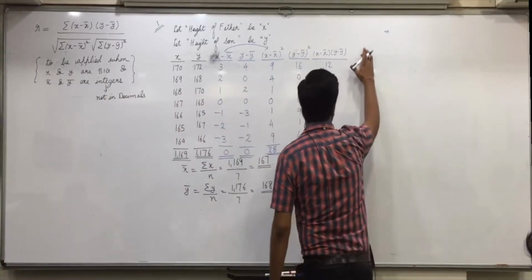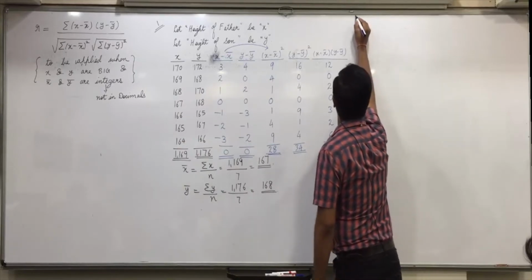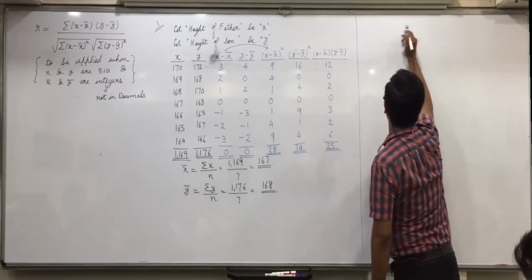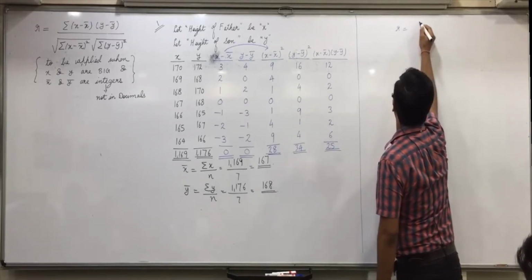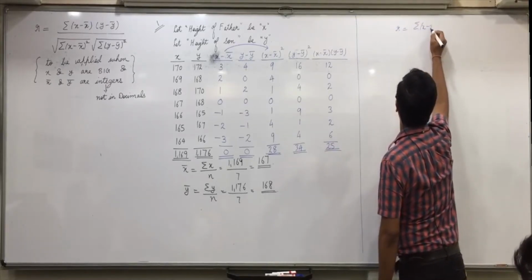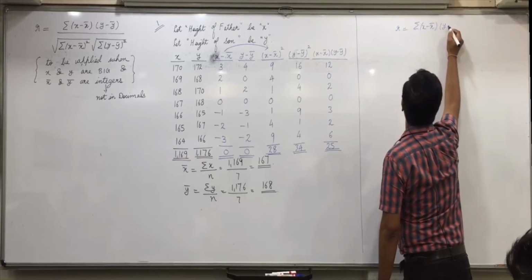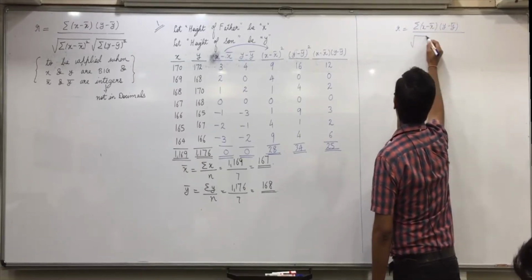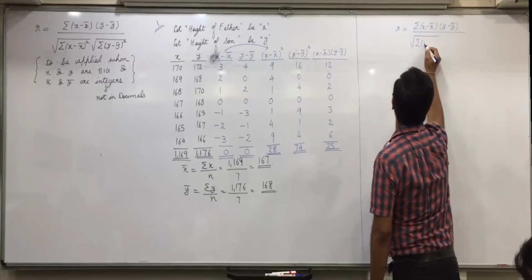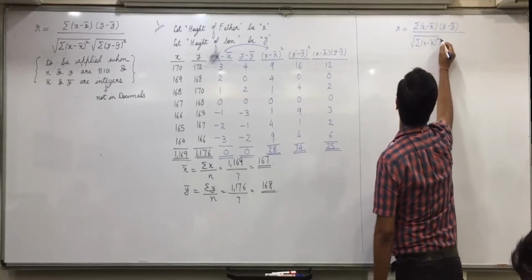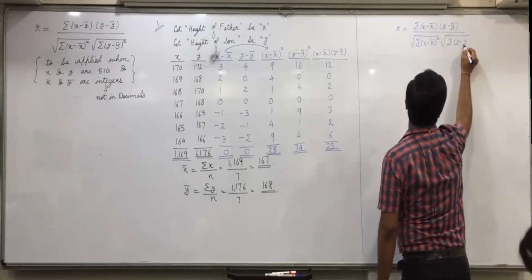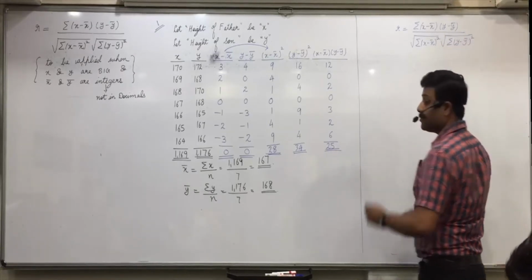Now write this formula that we had written. R equals sigma x minus x bar into y minus y bar upon square root sigma x minus x bar whole square into square root sigma y minus y bar whole square.